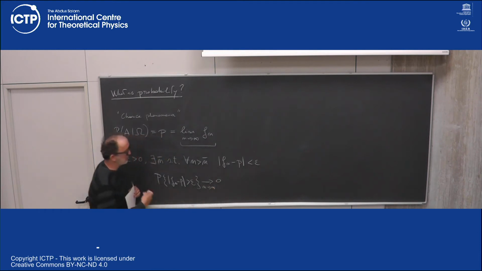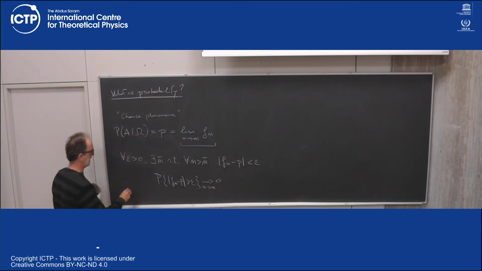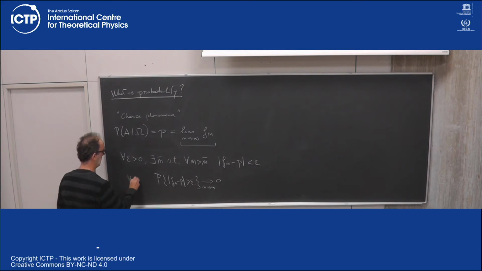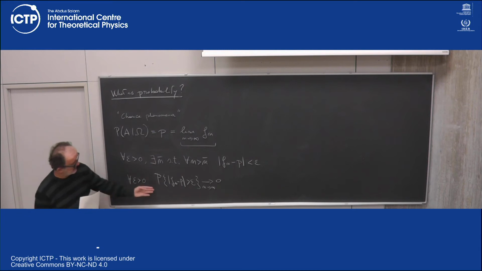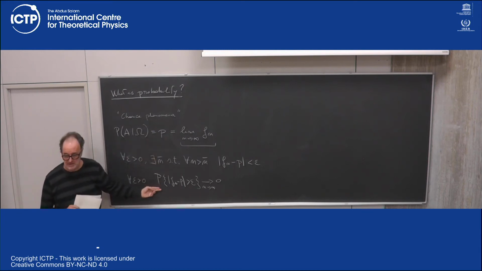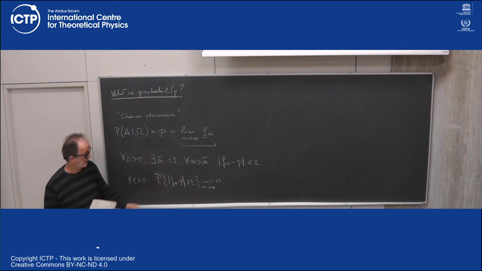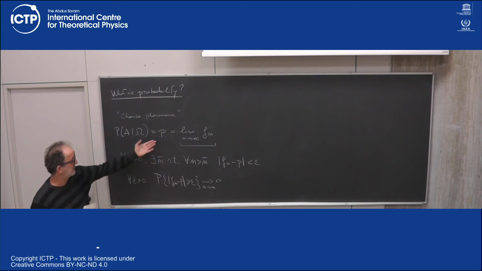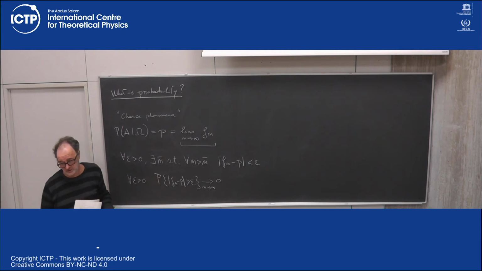Okay, that these violations will be more and more rare, okay, for any epsilon positive. Okay, but then you see that you are defining probability in terms of probability. So this is a circular notion, and of course this cannot be a good definition of probability.